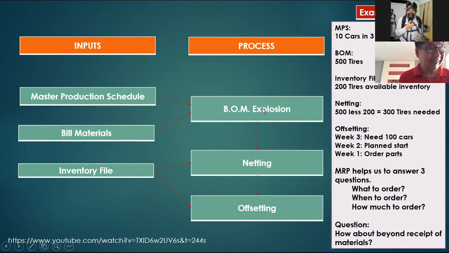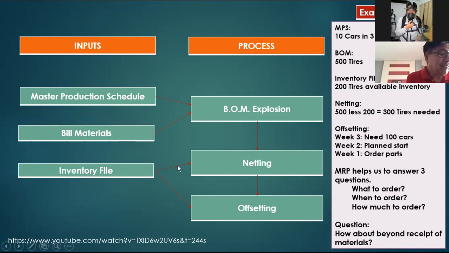From the BOM explosion, we identified that we need 500 tires, and from our inventory file, we have 200 tires. So if we put that in net, 500 less 200 is 300 tires. So we will order 300 tires as a requirement for our MPS to produce 10 cars in a week.